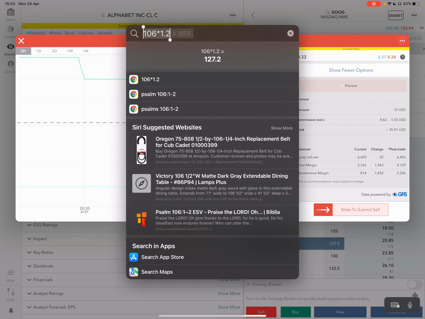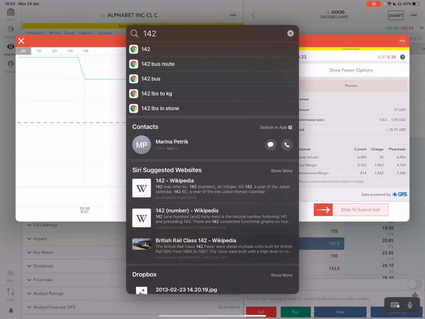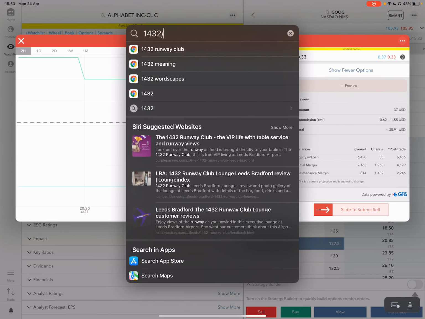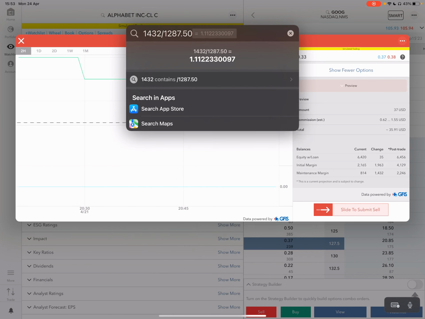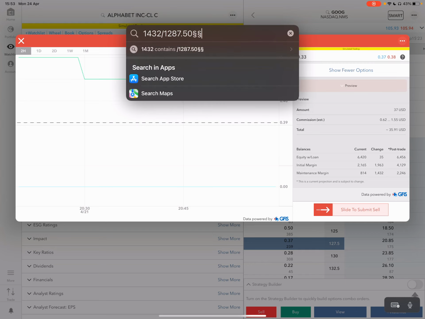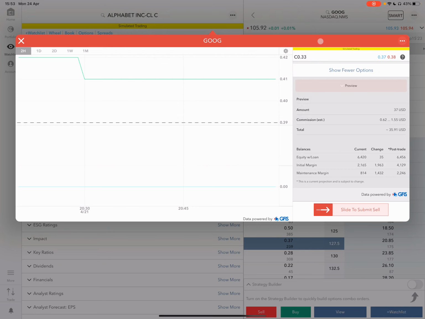So if we take the strike price, 1,432 of 127.5, it's about 11-ish% that you need to place this, which again is pretty good in terms of trading on a small account with 6K of cash on there.